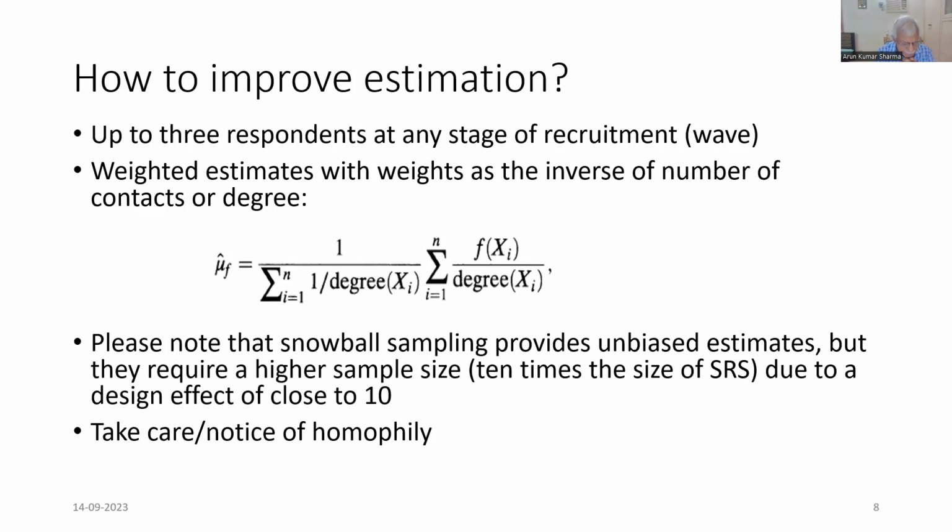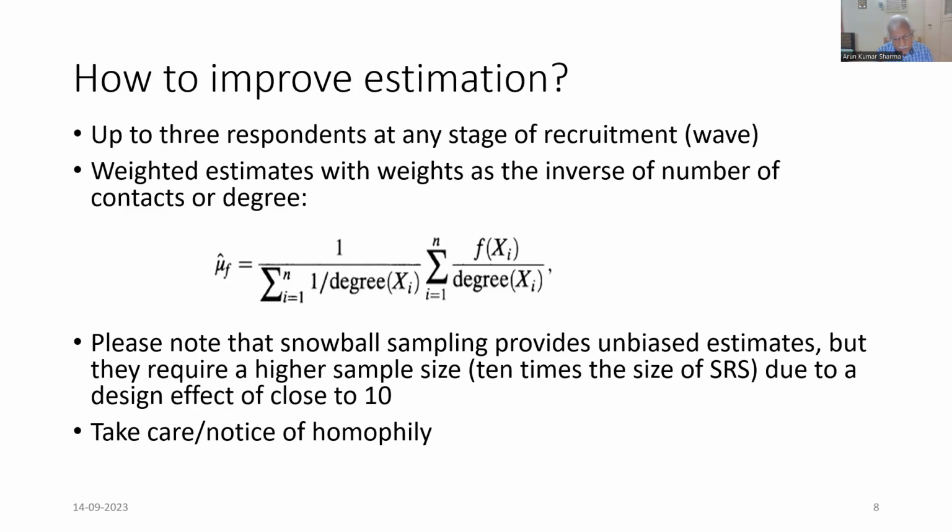Now, snowball sampling gives you an estimate. I said mostly it is unbiased, but there have been some attempts to improve the estimates obtained from snowball sampling by using a formula. This formula is weighted estimates, obtained with weights as the inverse of the number of contacts, or degree.